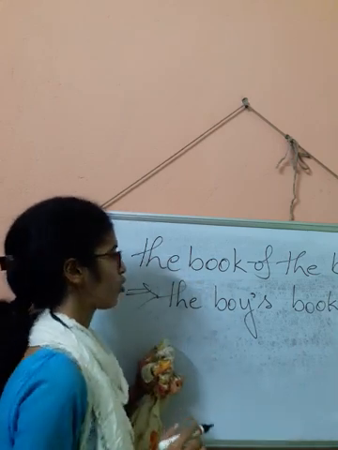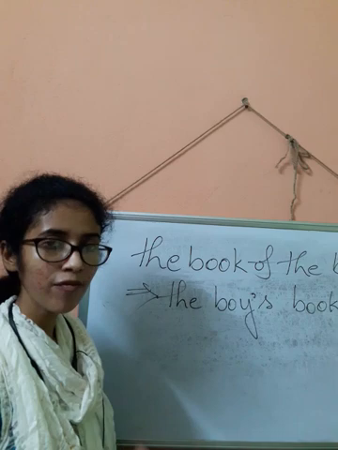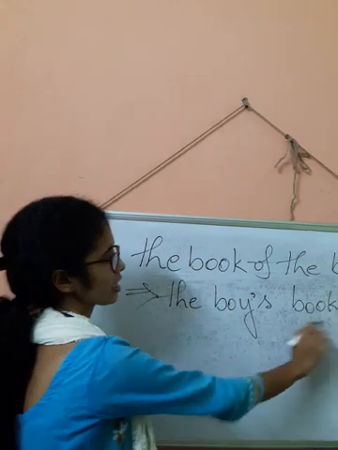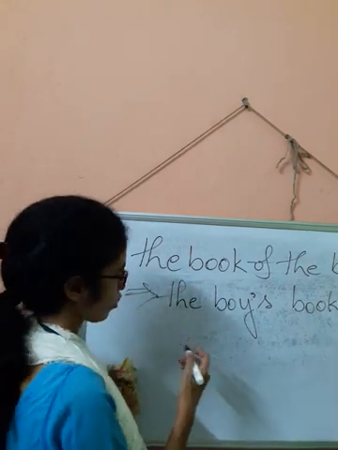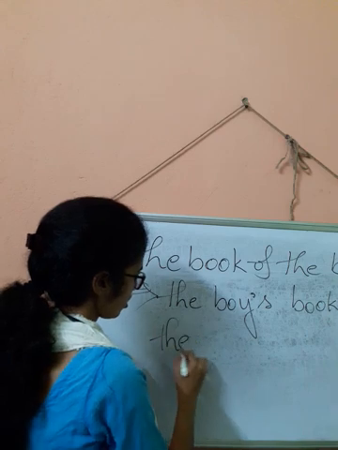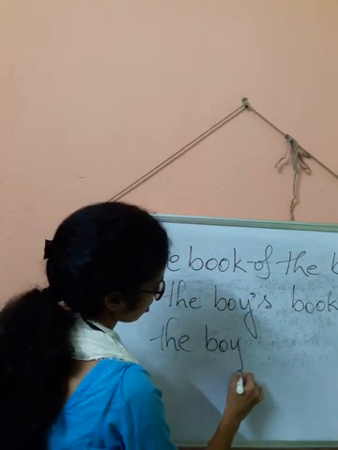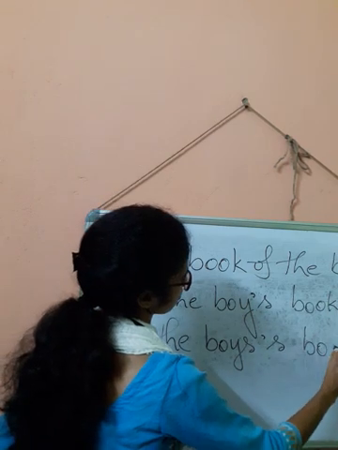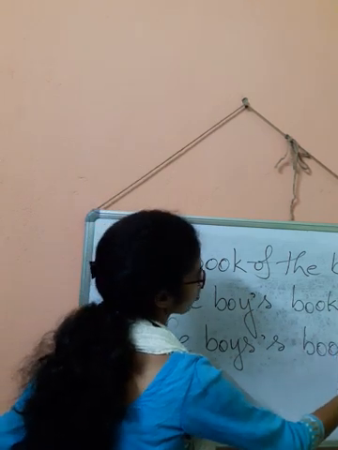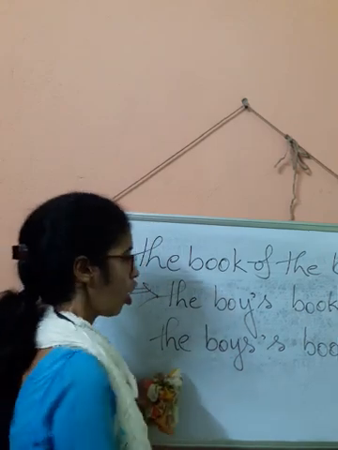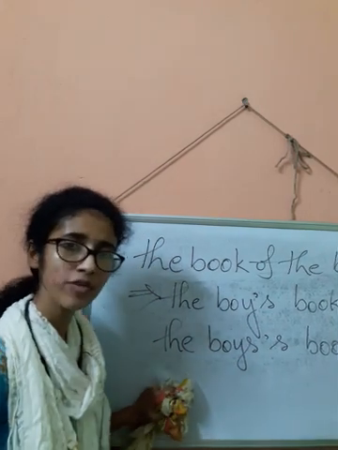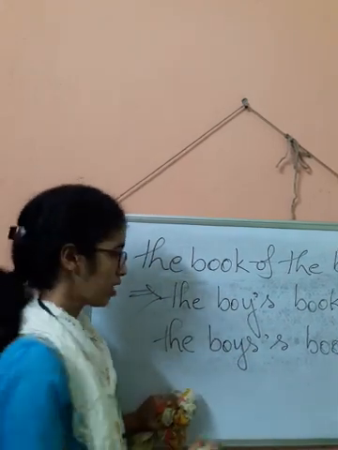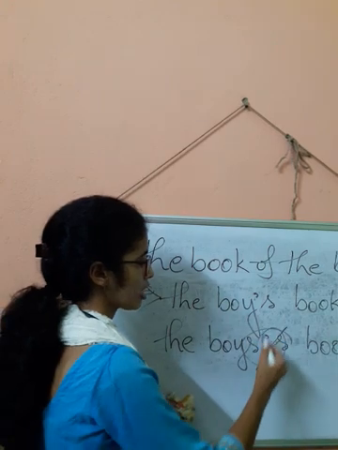So this is the way of writing possessive case. Now if we make boys plural, what will it be? It will be plural also, but have I written this thing rightly? No, this thing is wrong.